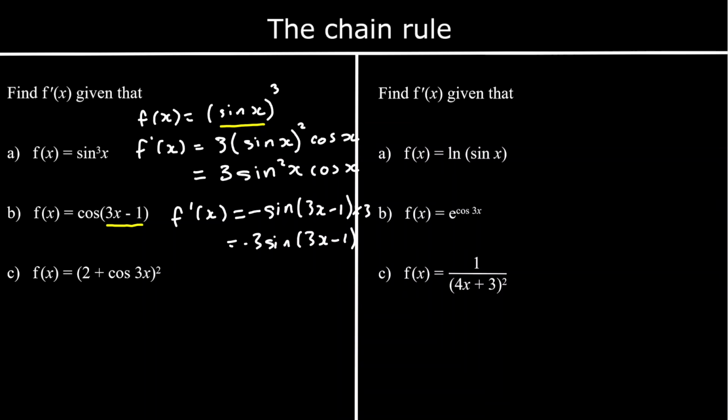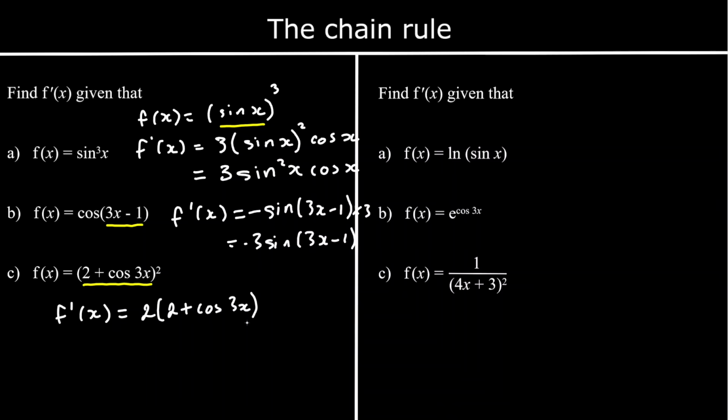And the last one, again, function inside a function. So we have 2 times 2 plus cos 3x, and then times by the bracket differentiated.